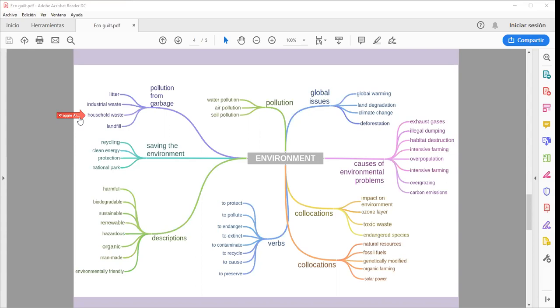The water that goes when we wash the dishes. Or for example, when we take a shower, all of the water that is filled with shampoo, soap, hair conditioner, it is household waste. All right?